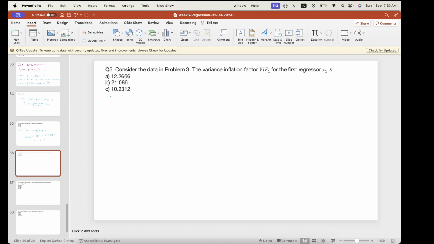So here, since we have two regressors, VIF1 will be equal to 1 by 1 minus R12 square.